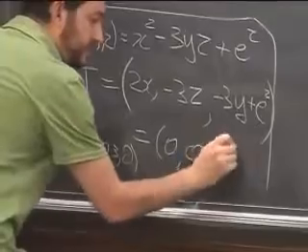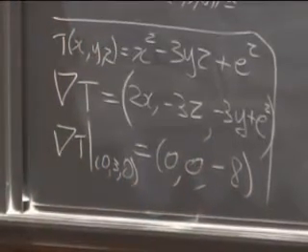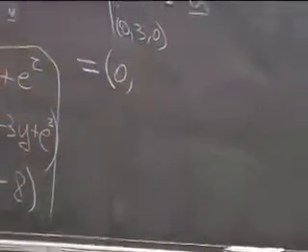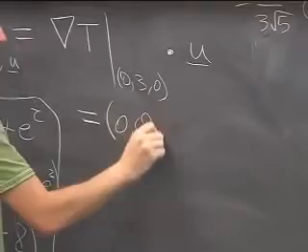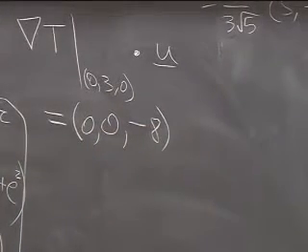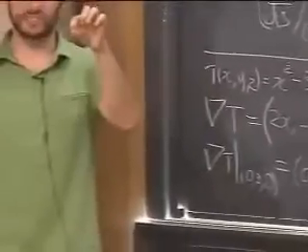So be careful of that. It's minus 8, not minus 9. It could make a difference. Probably not, though. Let's see. So according to what I just calculated, this gradient is 0, 0, minus 8.